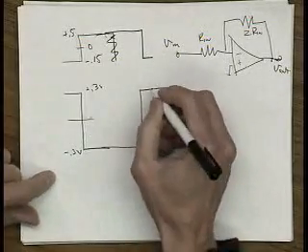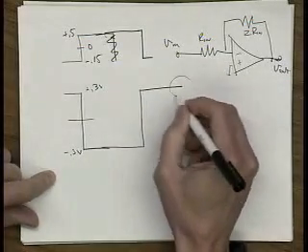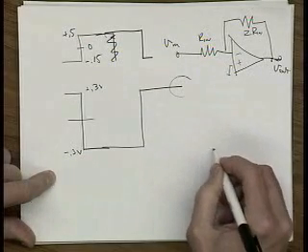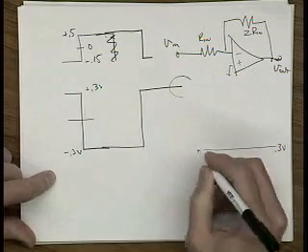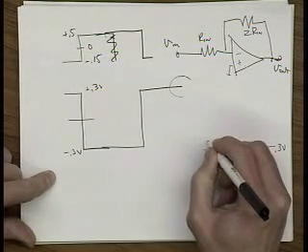Let's blow this area up here. This is the 0.3 volt response, and we have a specification for you of plus or minus 0.1%.